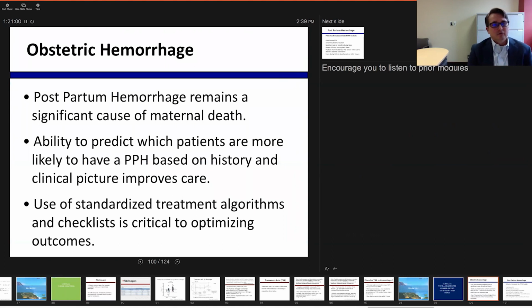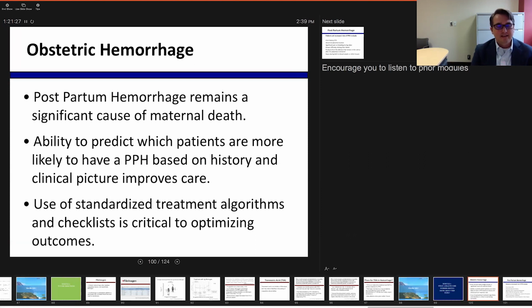Again, to reiterate, postpartum hemorrhage does remain a significant cause of maternal death, even though we've had vast strides over the past 10 or 15 years in decreasing maternal death secondary to hemorrhage. We do have some ability to predict which patients are more likely to have postpartum hemorrhage based on their history and how their clinical picture is going during labor and delivery.